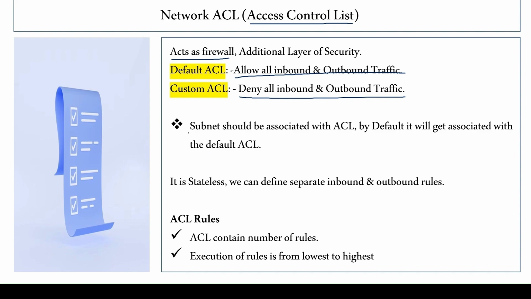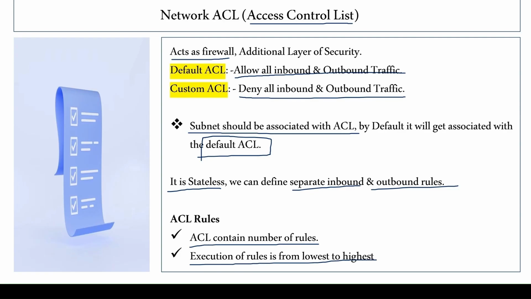All subnets should be associated with an ACL. If we have not created a new ACL, all the subnets will get associated with the default or main ACL. It is stateless, meaning it doesn't remember, so we need to define separate inbound and outbound rules. ACL rules contain a number, and execution of rules is from lowest to highest. For example, this is number 100, number 200.